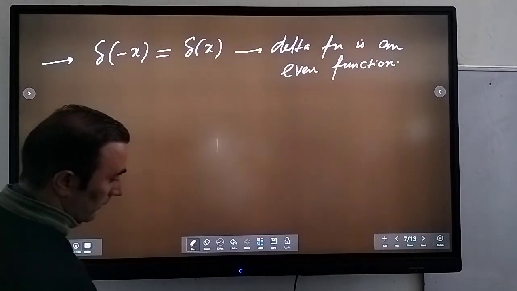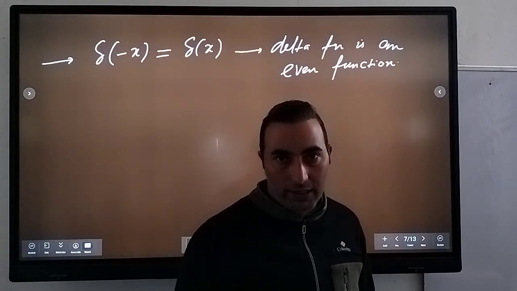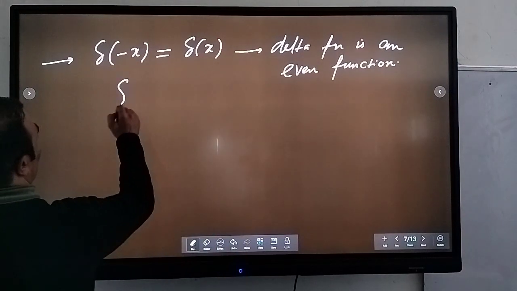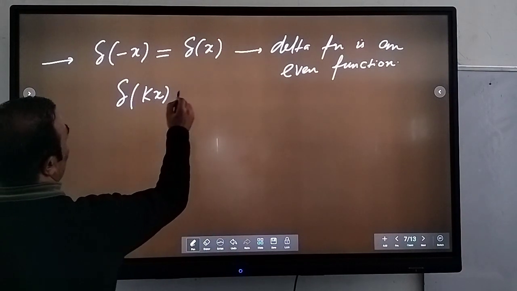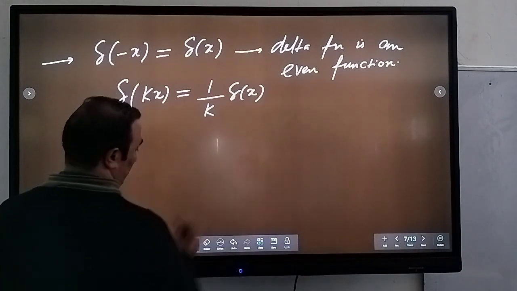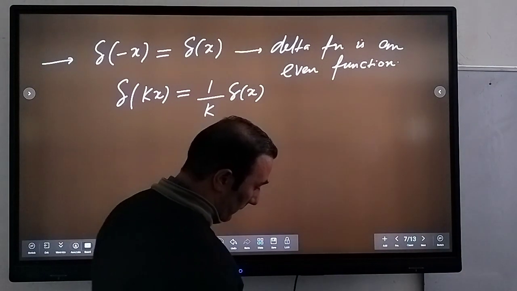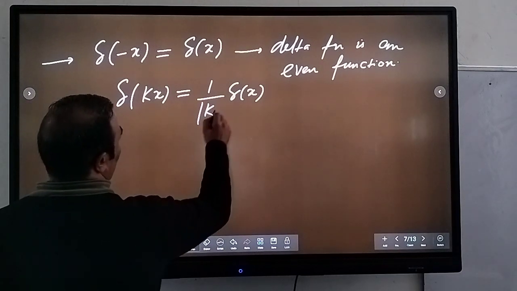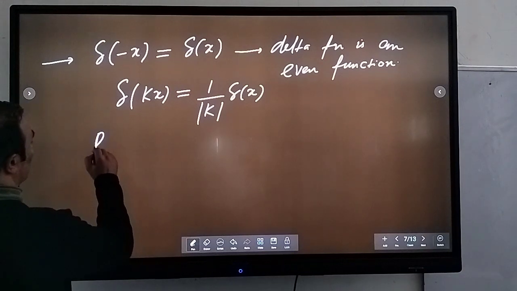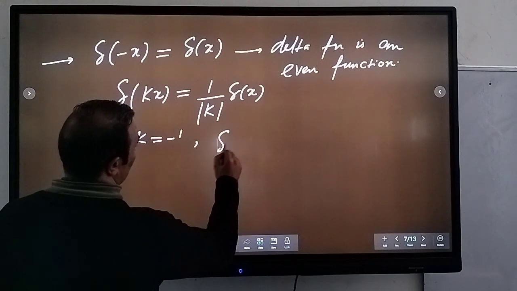So we need to check that delta of minus x equal to delta x, right? So let us use the earlier property. We know that our delta of kx is equal to 1 by mod of k delta of x. Okay. So if I use this property, you write mod of k. Now, if you put k equal to -1, so what is delta of kx?